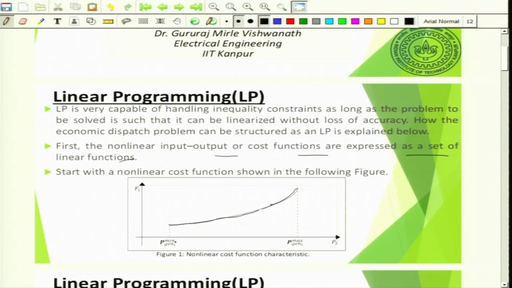Thresholds are being given. Now how can we linearize, and how many segments should one choose so that the result one gets by solving this using the linear programming method will be much more accurate and closer to the realistic solution?